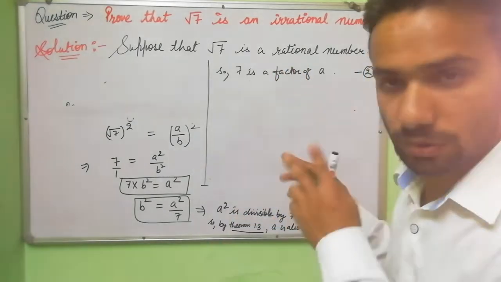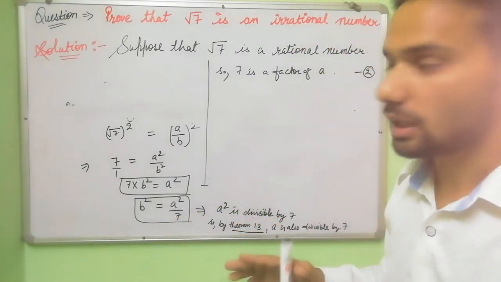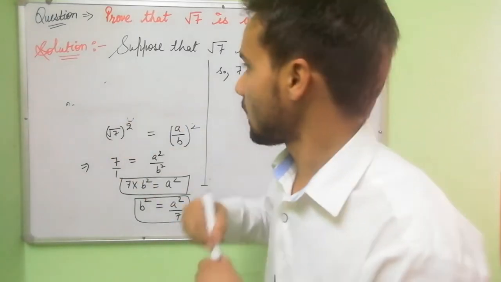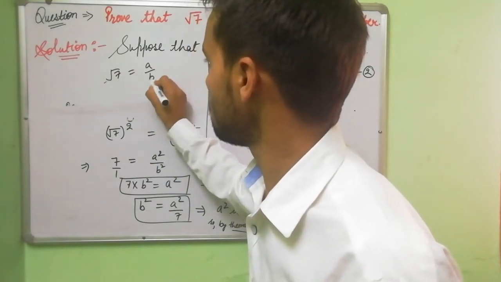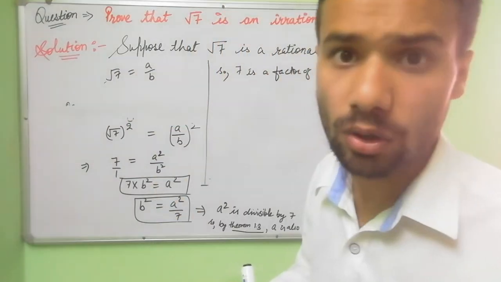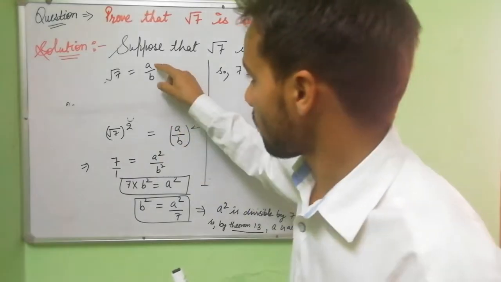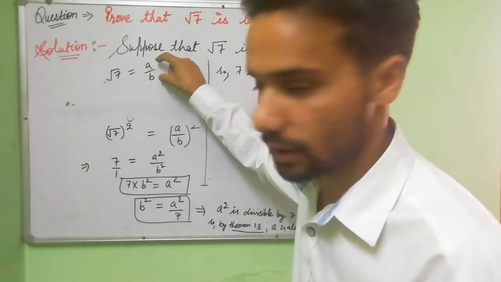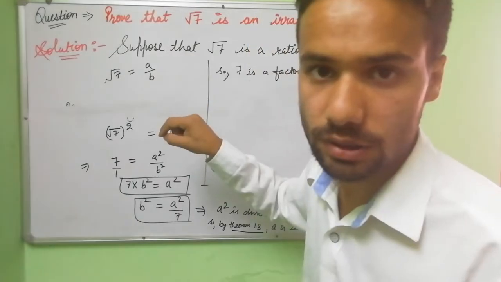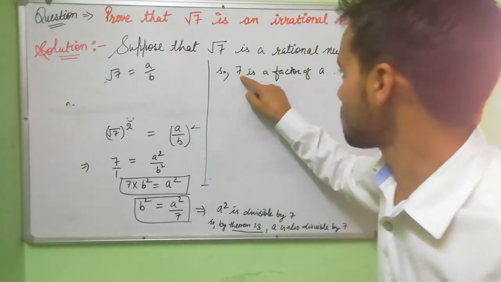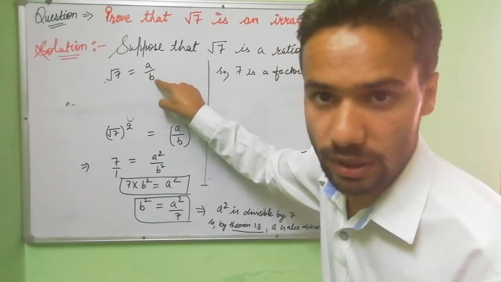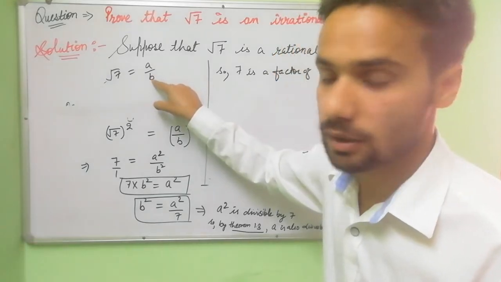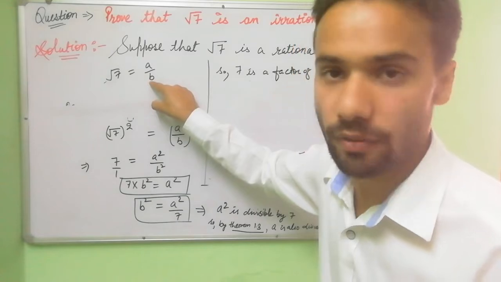If I prove this, then it means I write square root of 7 is equal to a upon b, and I take these two integers as co-prime. But if I get one more common factor of these two integers, because 7 is a factor of a and I prove 7 also divides b, then 7 is a factor of b.